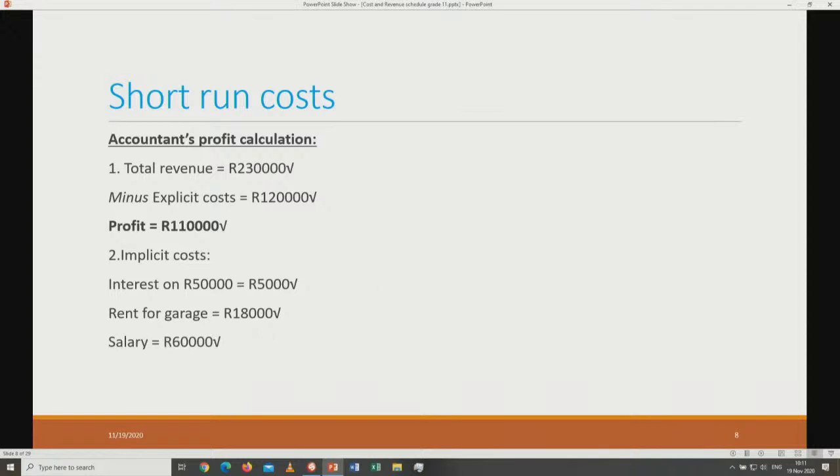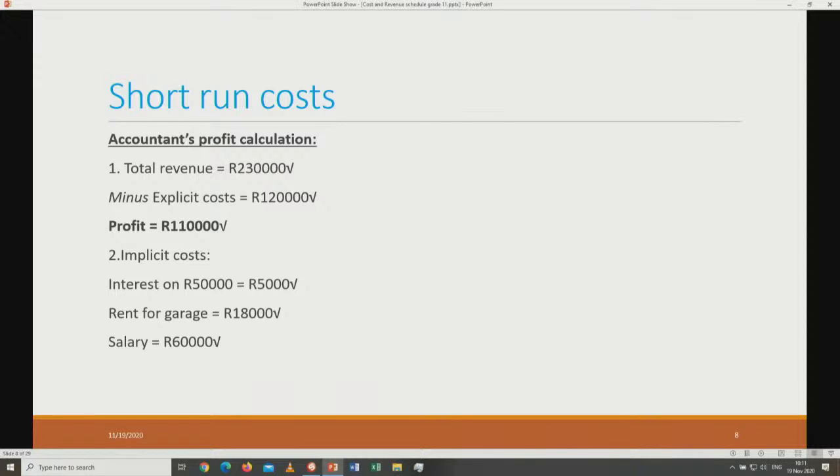And then he could have worked for somebody else and earned an amount of 60,000. We take that into consideration. So we add all these opportunity costs: of the capital that was invested in the business, of the garage that is used for the business, as well as the salary that Peter could have earned by working for somebody else.